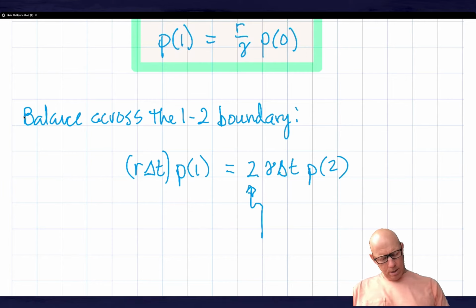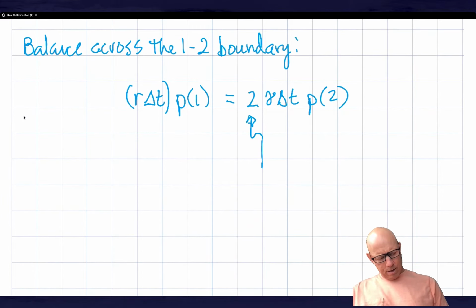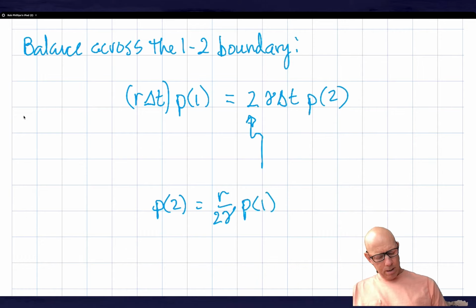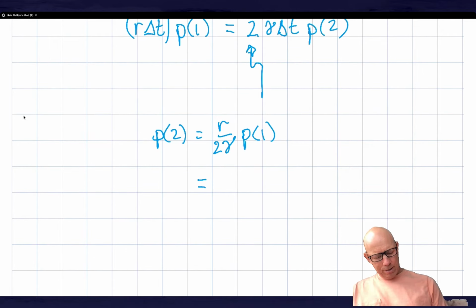Okay, so I can solve this recursively again, and what I find is that P2 is equal to R over 2 gamma times P1. But using what we learned in the previous balance, I see that as 1 over 2, and then R over gamma squared P0.